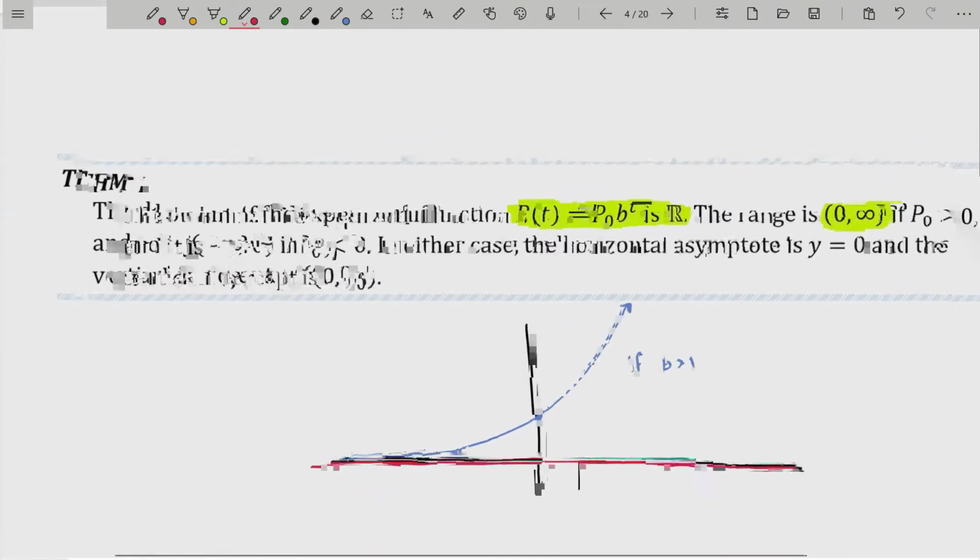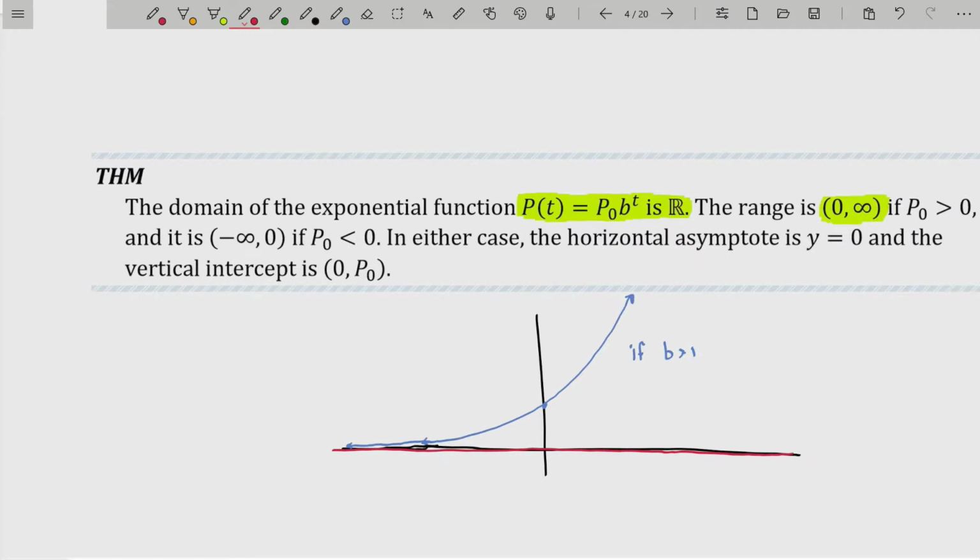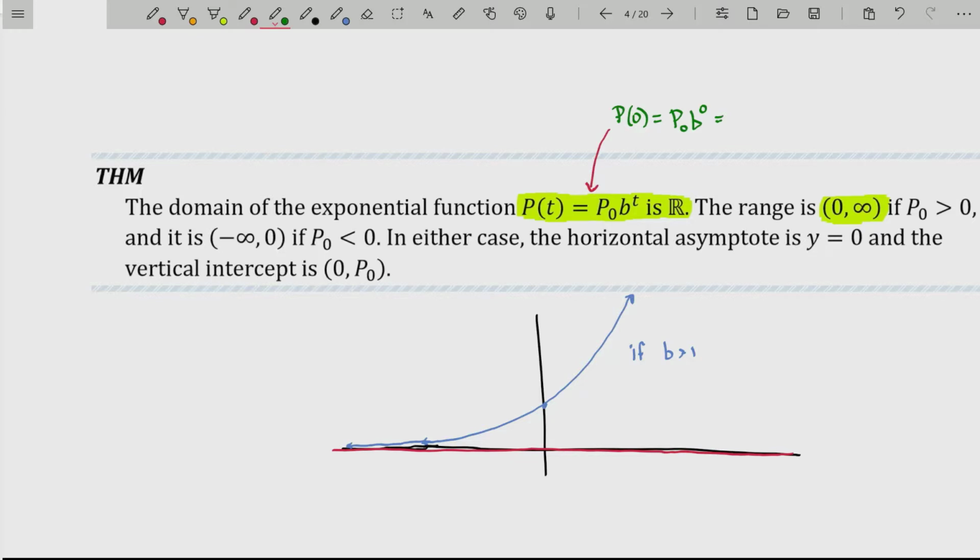Oh, and the vertical intercept is 0 comma p naught. And that's just out of logic. If you were to plug in to that function 0 for time, you would get p sub 0 b to the 0th, but b to the 0th power for exponential functions is going to be 1. By the way, you might have thought, wait, isn't b to the 0th power always equal to 1? Why did he say b to the 0th power for exponential functions is equal to 1?